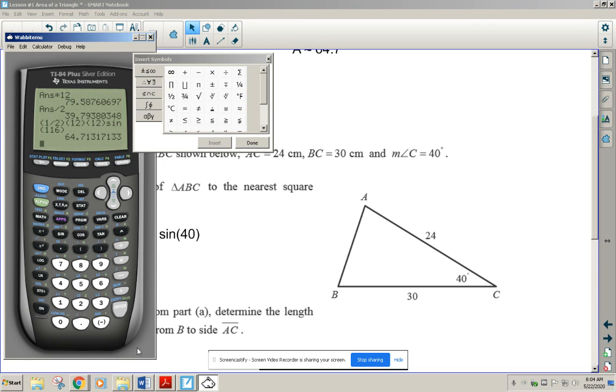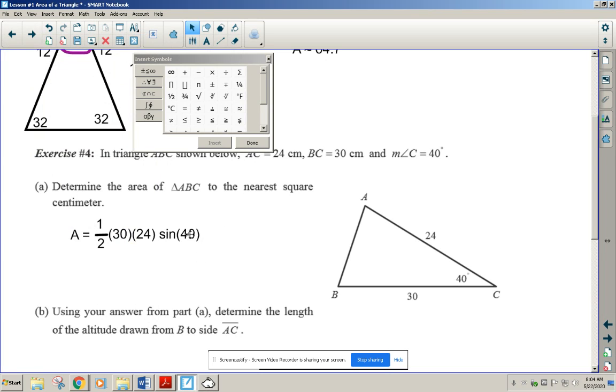And so if I use my calculator and I start again, 1/2. Whoa, went a little too fast for myself there. 1/2 times 30 times 24 times the sine of 40, and again to the nearest square centimeter I would get 231 square centimeters.